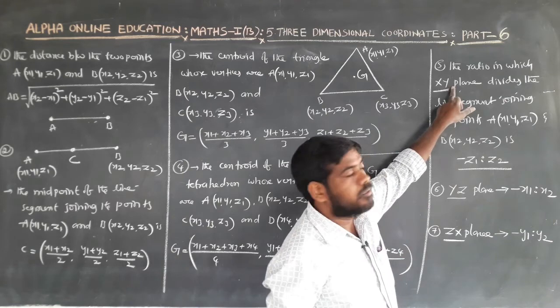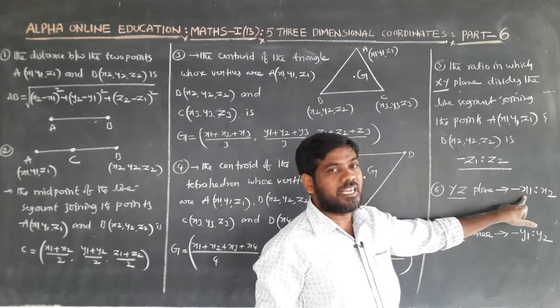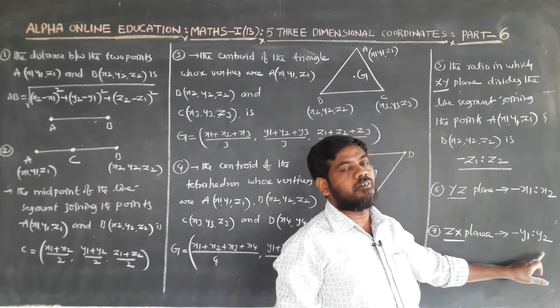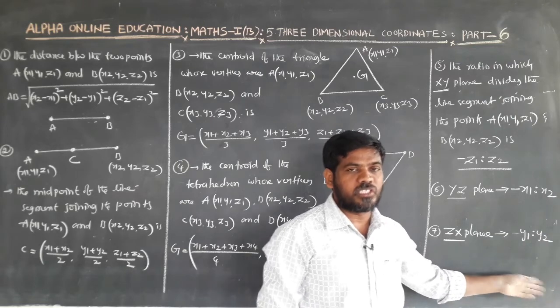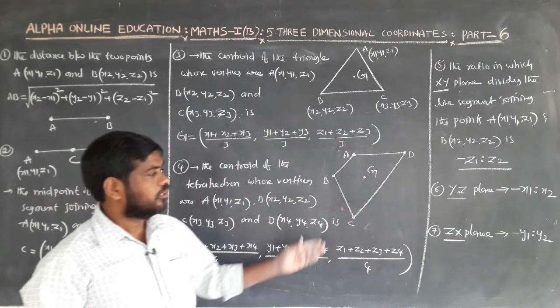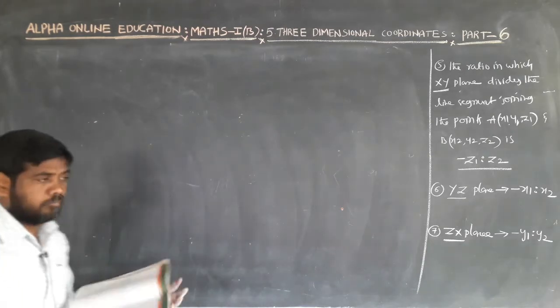XY plane: minus z1 is to z2. YZ plane: minus x1 is to x2. XZ plane: minus y1 is to y2. This is the ratio. These are the formulas.